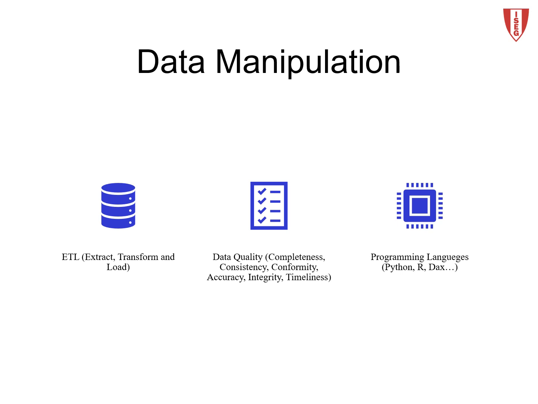The characteristics of data quality are completeness, consistency, conformity, accuracy, integrity, and timeliness. Manipulation of data is supported in many programming languages like R, Python, and other specific languages like M or DAX.